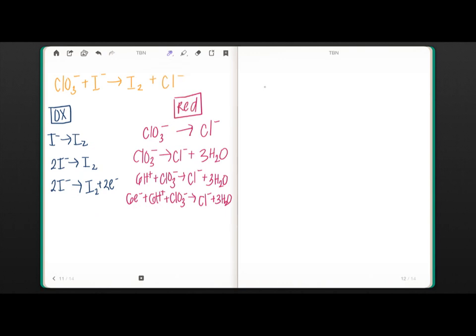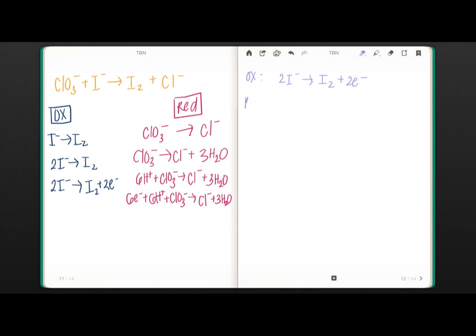Next, once the oxidation and reduction reactions are balanced, both of the reactions need to be added up together to make up the overall balanced reaction. So first you have your oxidation. So 2I minus, as it goes to I2 plus 2 electrons.